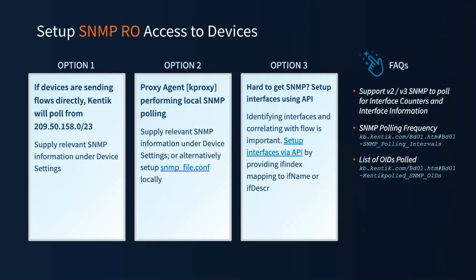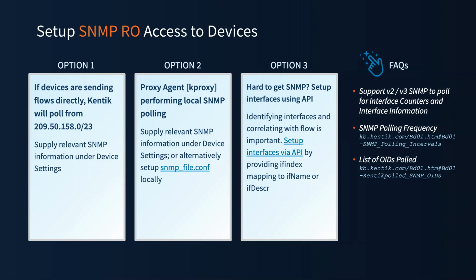Next, when we talk about SNMP, there are again three options to set up SNMP. Option one is to allow Kentik IP addresses to poll your devices. We request a read-only community so that we can go and poll your devices for SNMP and relevant information. Option two is if you don't want to enable Kentik IP addresses to poll you, we can poll the devices using an agent which sits inside your premises.